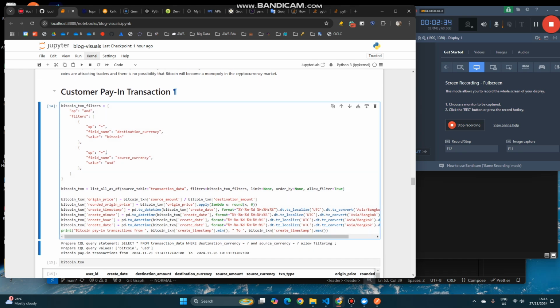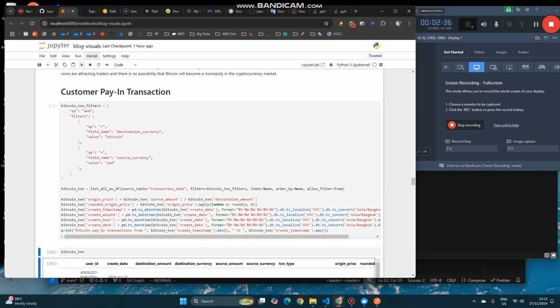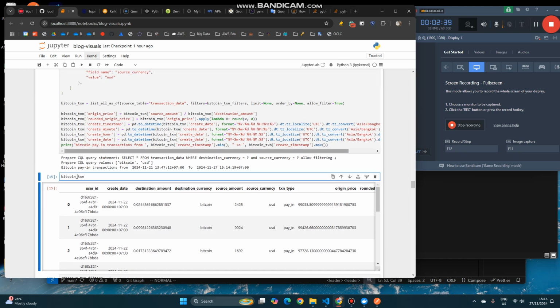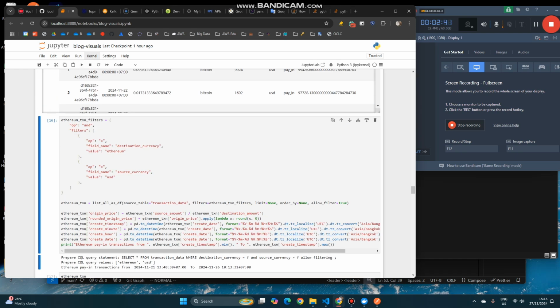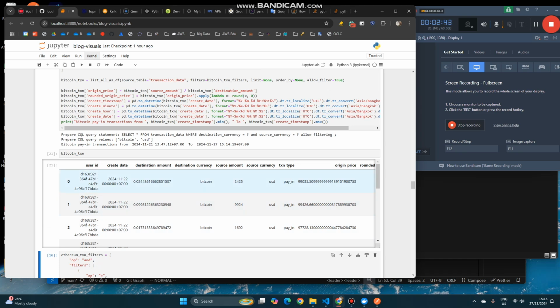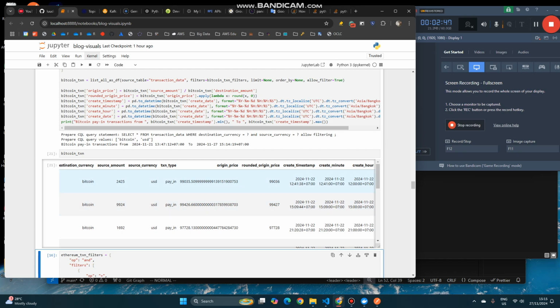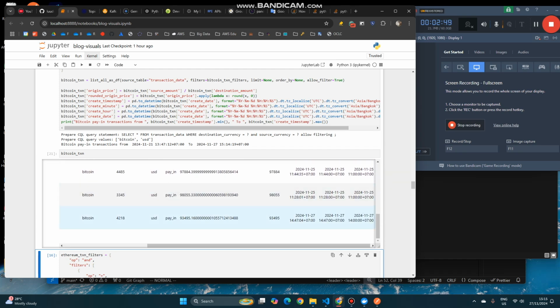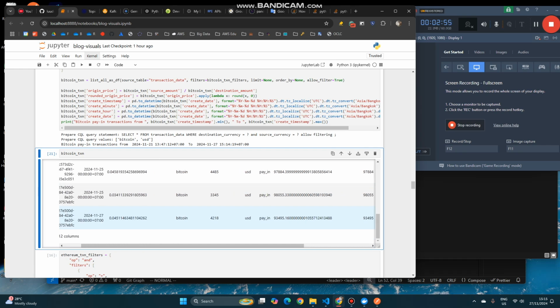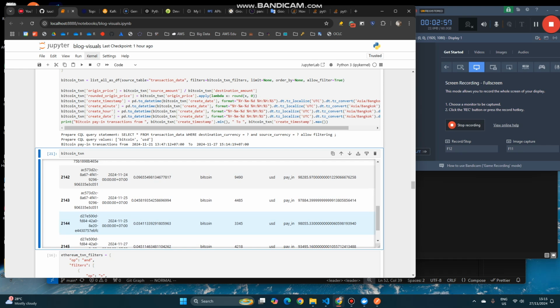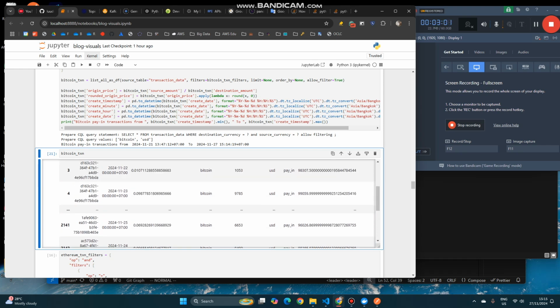Okay, let's move to the pay-in transaction data that we have. So I'm gonna print out the pay-in transaction. We have the user ID, we have the price, we have the time. So we can see that some new transaction in the 27 November with the source currency USD and destination currency is the Bitcoin.